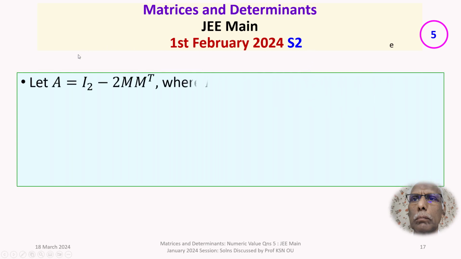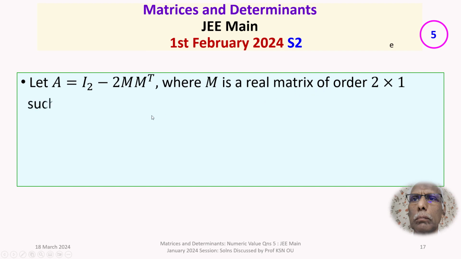Now the given question is, let A is equal to I2, that is a 2 by 2 identity matrix, minus 2 M M transpose, where capital M is the real matrix of order 2 by 1. That means it is a column matrix. So such that the relation M transpose M is I1. I1 means the 1 by 1 identity matrix. It is one only, holds.